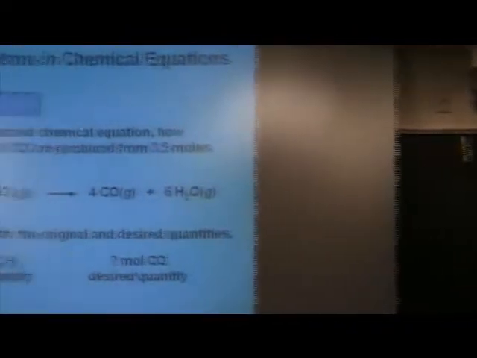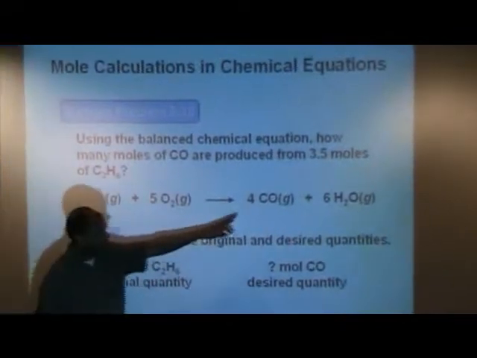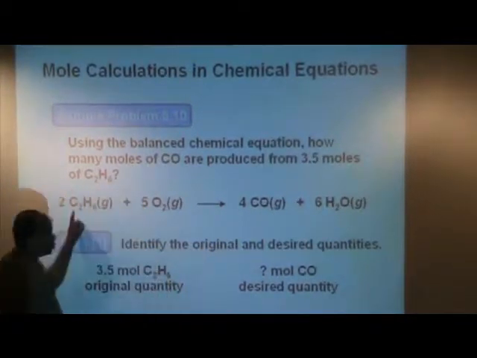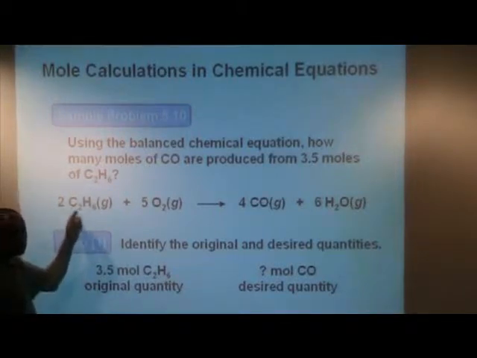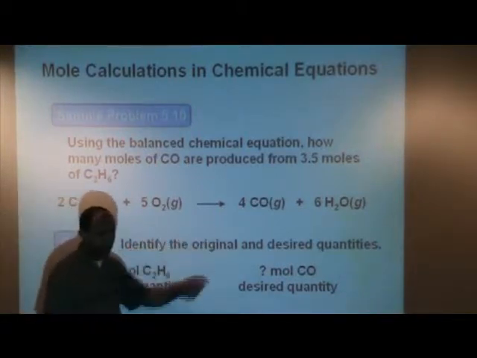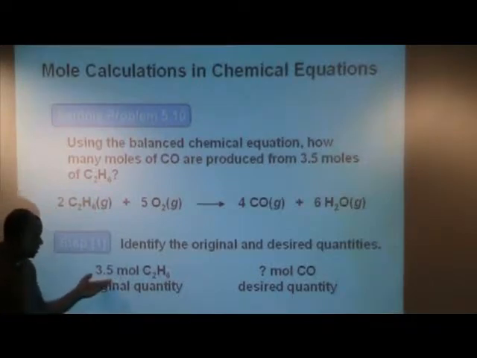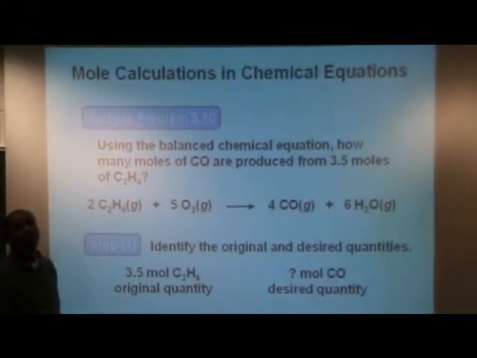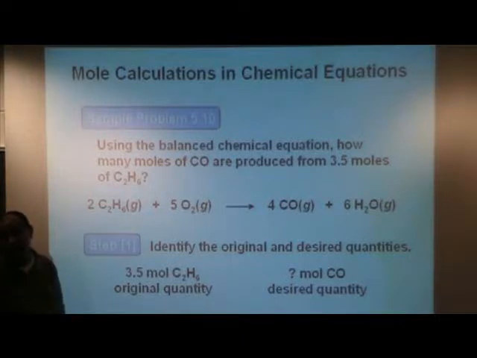Let's go here. The idea is that every 2 moles of C2H6 generates how many moles of carbon monoxide? 4. Every 2 moles, according to the equation, every 2 moles of C2H6 gives me 4. Now, this one gives me a little bit different number. 3.5 moles of C2H6. How many moles of carbon monoxide would I get?